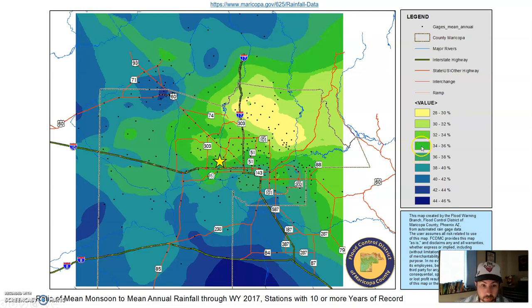We're looking at probably about 34 to 36% of our rain comes just from monsoon storms that were generated with the help of the warm, moist air being pulled in from the Gulf of California due to the monsoon. And you can see the further out you go into the desert, the higher percentage, most of the precipitation comes from this monsoon period.